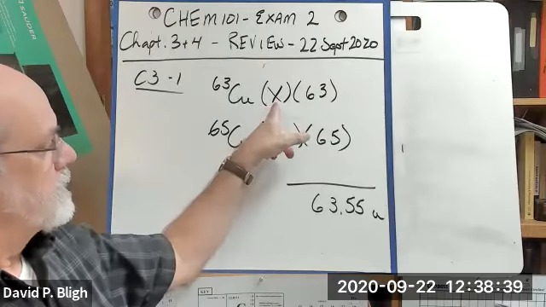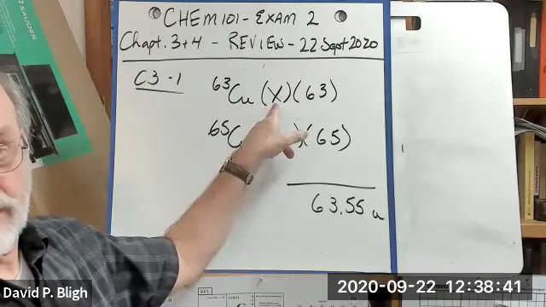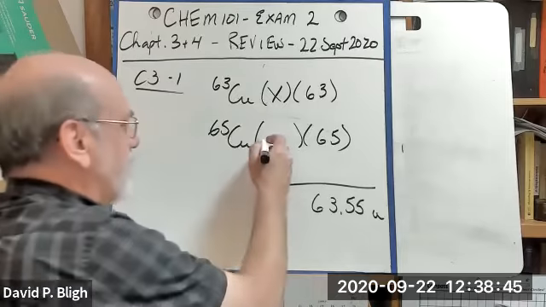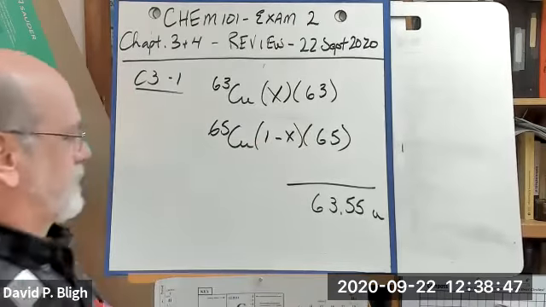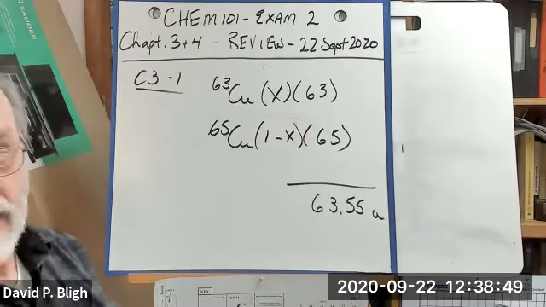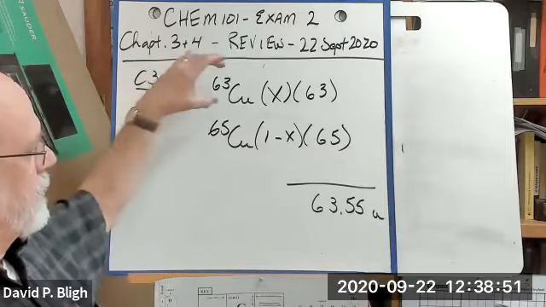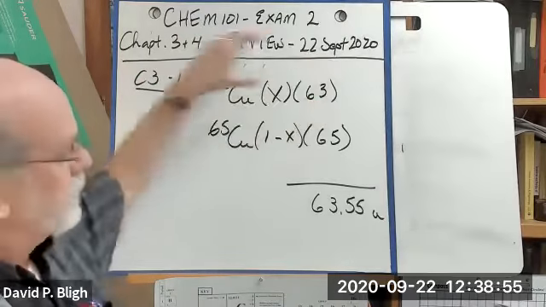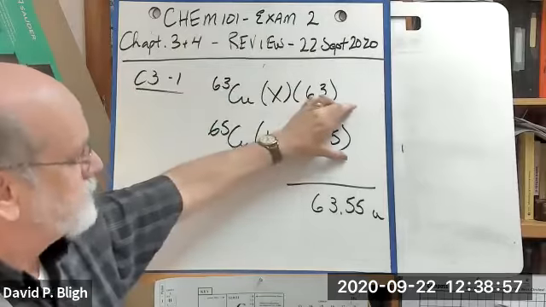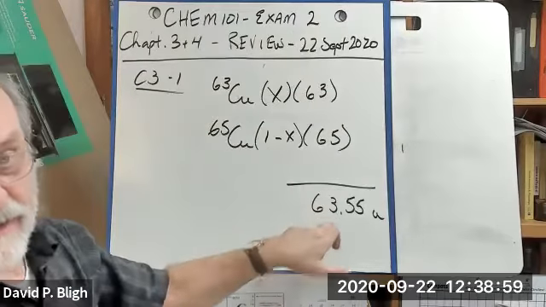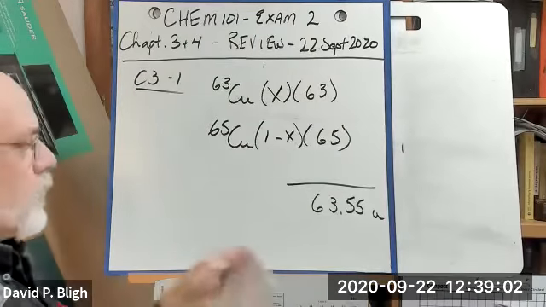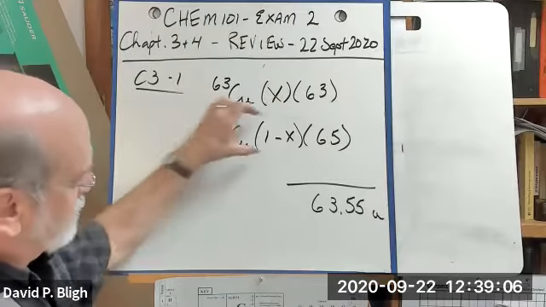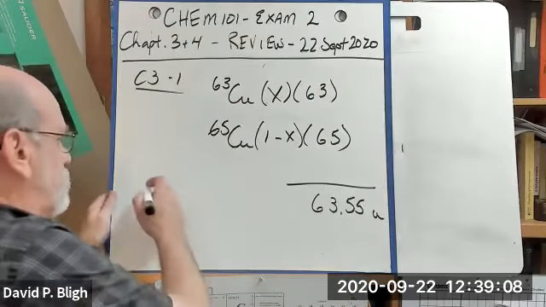So if this is one fraction, then this has to be what's left over, 1 minus x. So there our problem is set up. We take the fractional abundance of this one times its mass number, plus the fractional abundance of this one times its mass number, and you get that. So the equation is this plus that equals that.